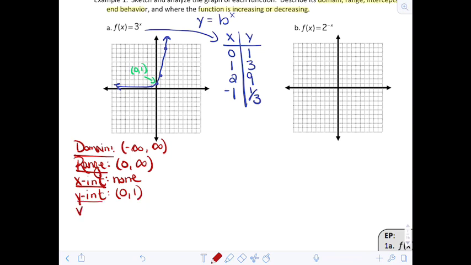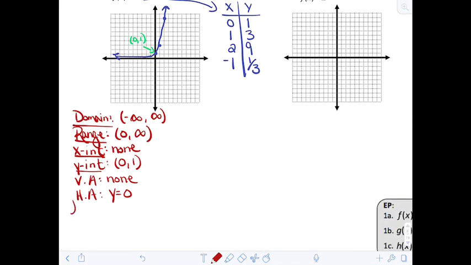The vertical asymptote, there isn't one. There's nothing that would make this function undefined since we can plug in any domain value we want. The horizontal asymptote, if you look at this behavior, we have a horizontal asymptote at y equals 0. It's going to get very, very close to 0 and never reach it. As we talk about end behavior, we're going to look at the limit as x approaches positive infinity, f of x will go to positive infinity as well, and the limit as x goes to negative infinity of f of x will go to 0.